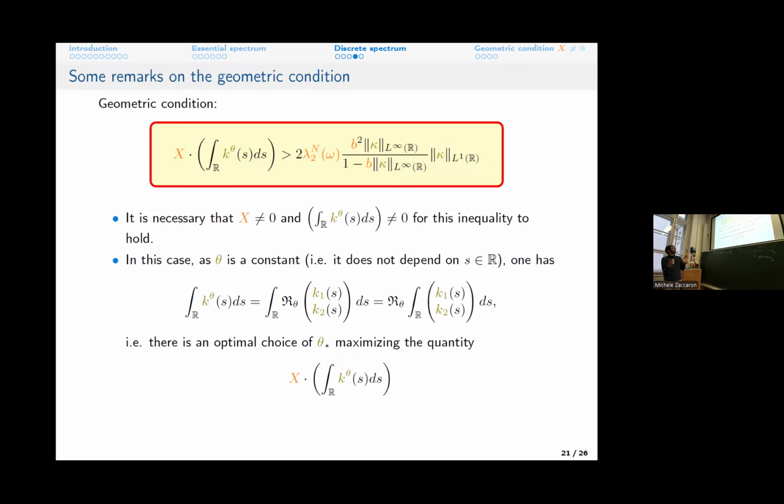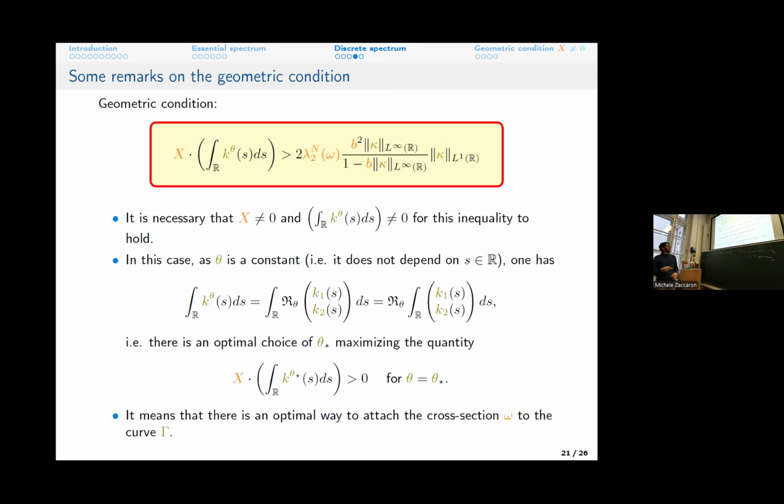So there is an optimal choice, call it theta star, maximizing this quantity, because we can make the two vectors collinear, pointing in the same direction. In particular, if they're both non-zero, we make this positive. So there exists an optimal way to attach our cross section to the curve, in order to use our sufficient condition ensuring the existence of the eigenvalues.